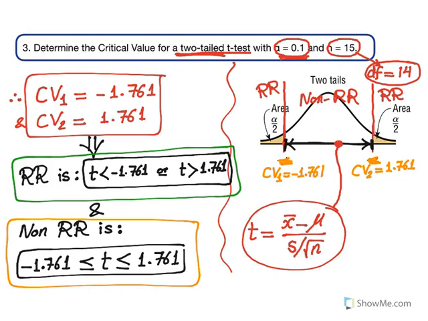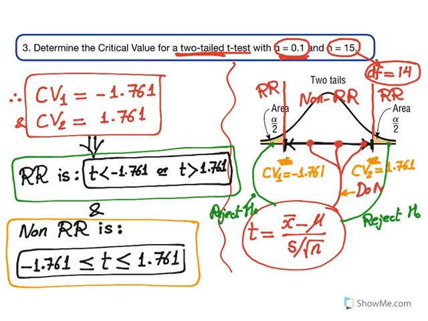But if it turned out to be here or here, so if it's bigger than CV2 or less than CV1, then you reject the null hypothesis. For these ones, you reject H0. For this one also, you reject H0. And if it turns out to be anywhere between these two, then you do not reject H0.